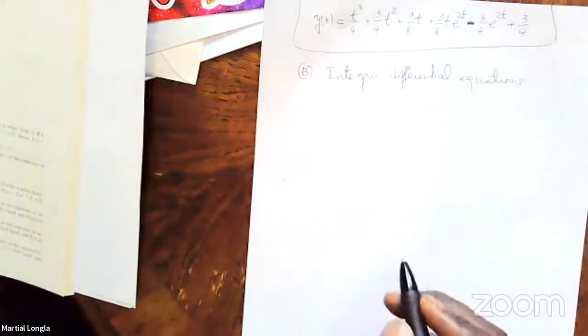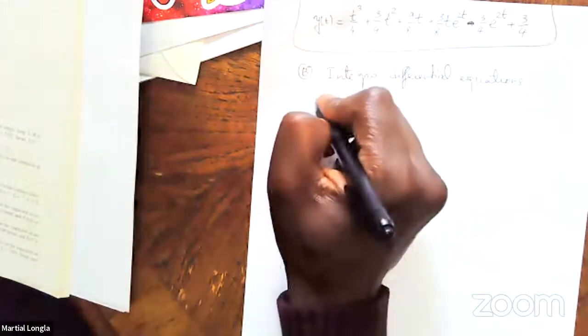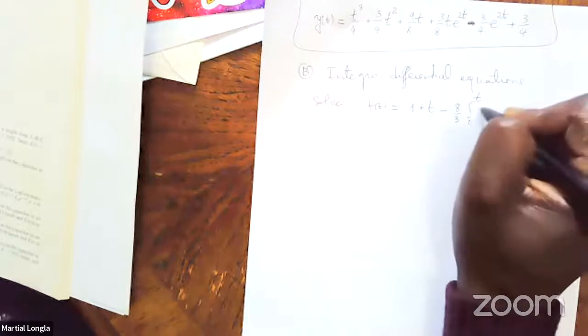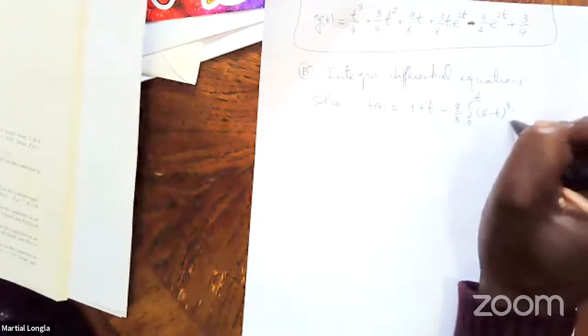An example here would be: solve f of t equals 1 plus t minus 8/3 integral from 0 to t of (tau minus t)^3 f of tau d tau.